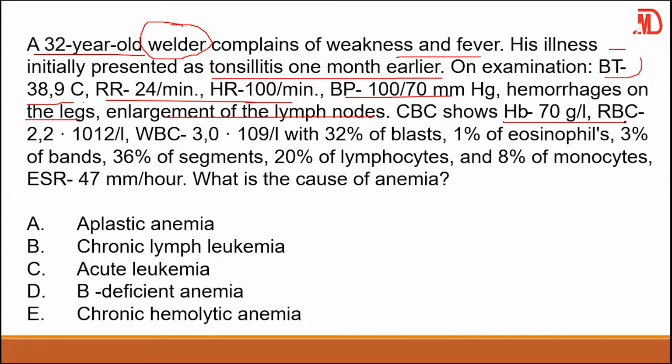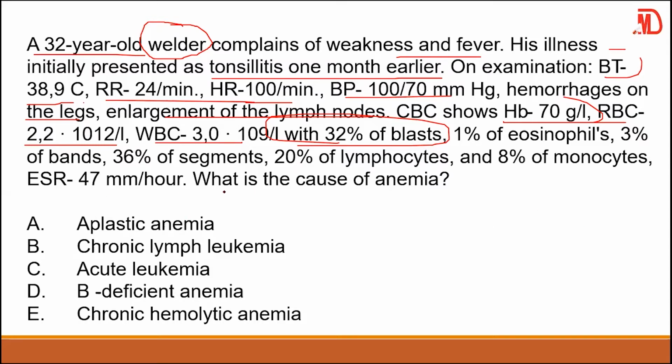CBC: platelet count 70, hemoglobin 70, which is quite low, RBC 2.2, WBC 3, with 32% blasts. For the fact that the blast is 32%, it should give you an indication that we are looking at a case of leukemia, as simple as A, B, C, D.